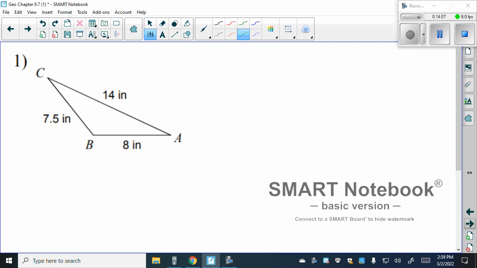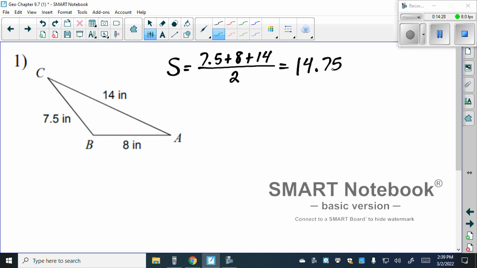Now, looking at this first one using the formula, the first value we need to find is S. So we can take the side lengths 7.5 plus 8 plus 14 and divide it by 2. And this value of S will always be bigger than any of the side lengths. And now we just need to plug it in.